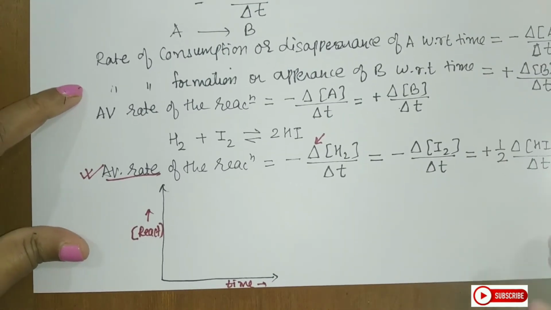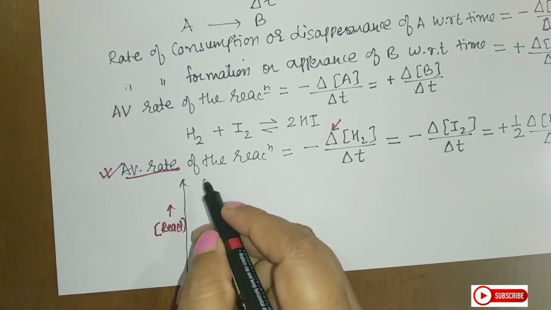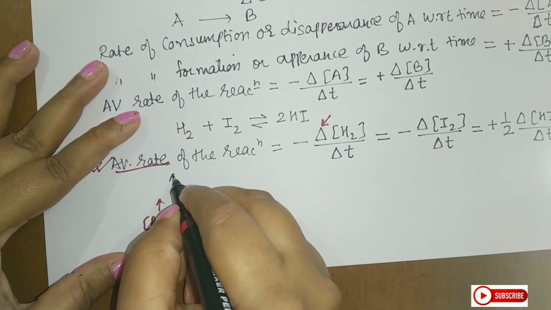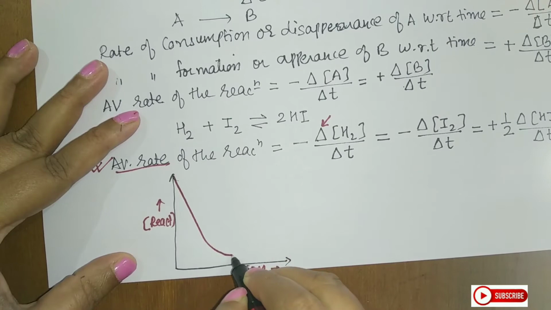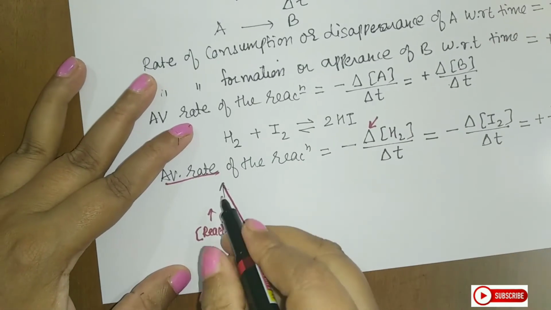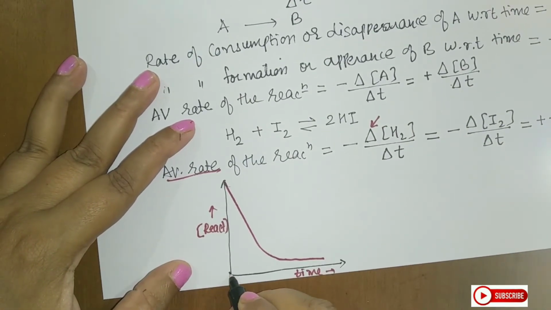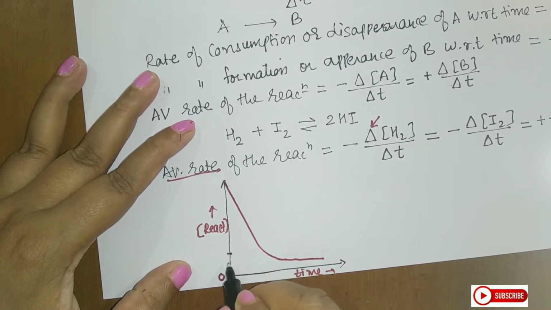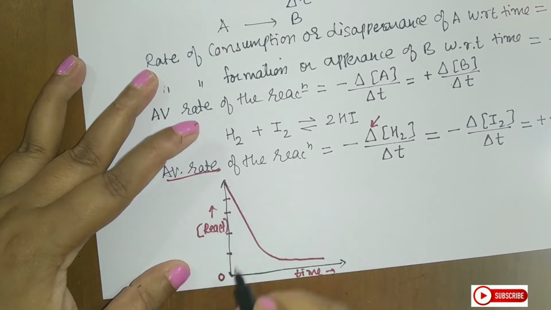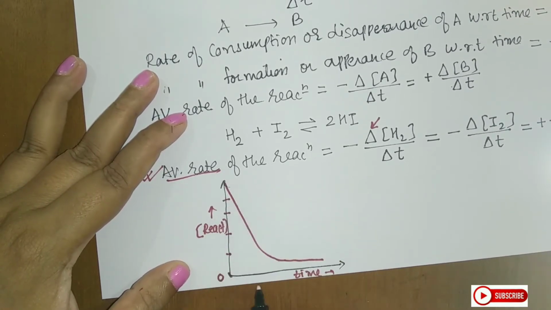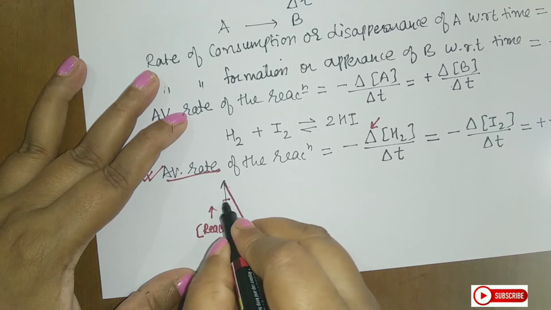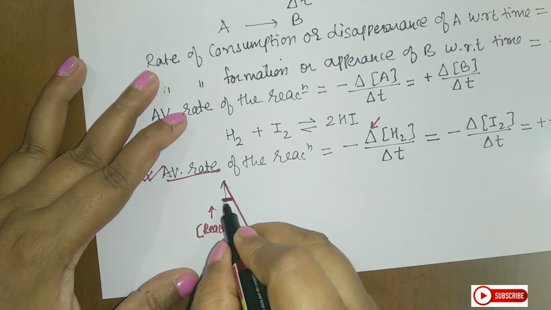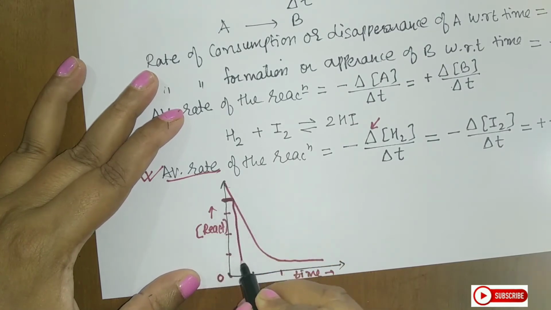So how will I draw the graph here? The graph will be the concentration of the reactant, you know it decreases with respect to time. So I will draw the graph in this way, student. This is what is happening. Now I will mark some time here. If I see the time here, this is 0. But as the concentration here goes on increasing in this way, let us mark when initial time, the concentration is maximum here. But as the time passes, at this point I will mark this in this way here.